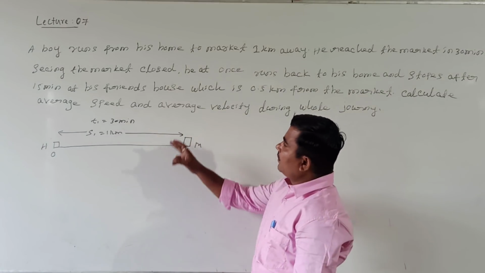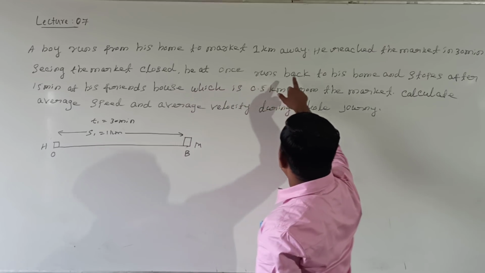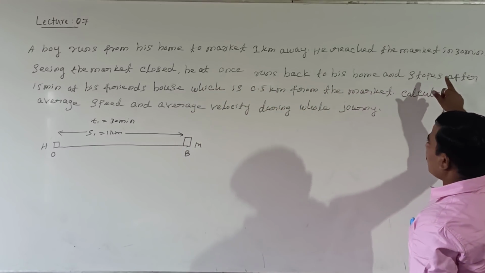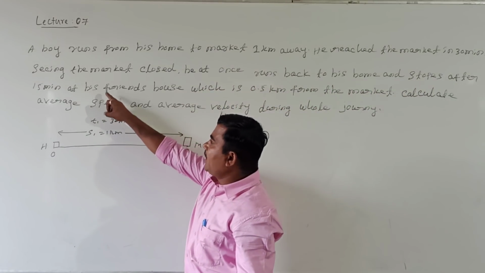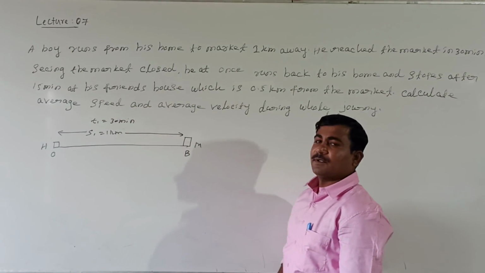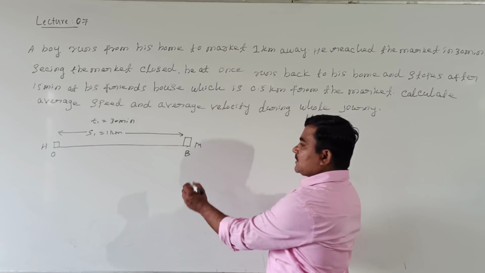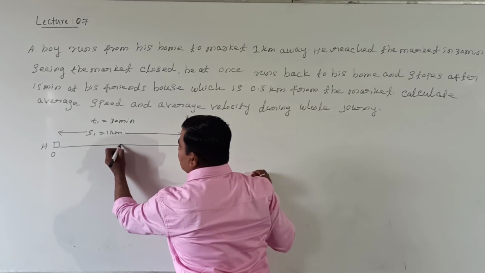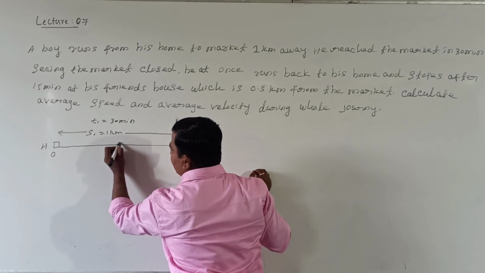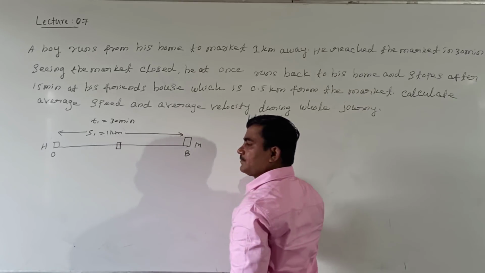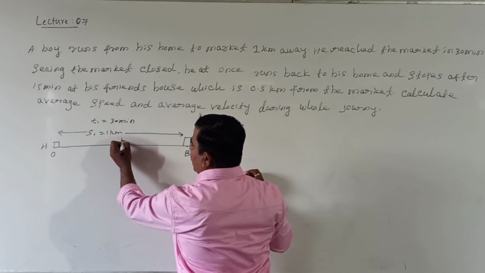Right? Then he at once runs back to his home and stops after 15 minutes at his friend's house, which is 0.5 kilometer from the market. I mean, seeing the market is closed, he comes back to his friend's house. This is the friend's house. Shall I take friend's house?